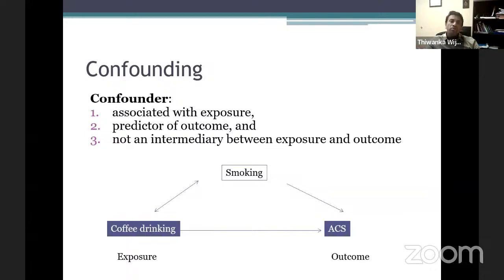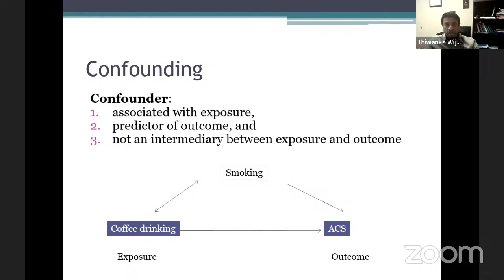So we are going to look at the effect of smoking as a confounder when we are looking at coffee drinking and ACS. So smoking here would be a confounder. For it to be a confounder, there are 3 criteria that need to be met. It needs to be associated with the exposure and the outcome, and should not be in the intermediary pathway.